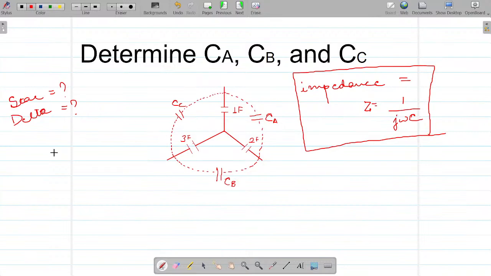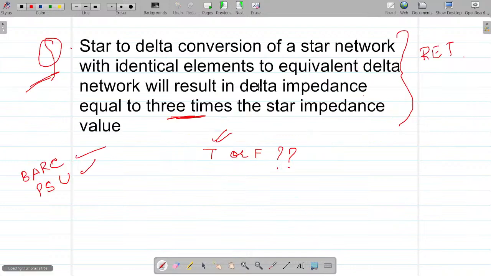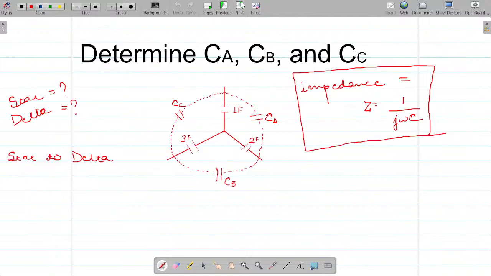Okay? So what are we intending to do? We are doing star to delta. Now tell me what we have done in this statement. Can we apply it directly here?